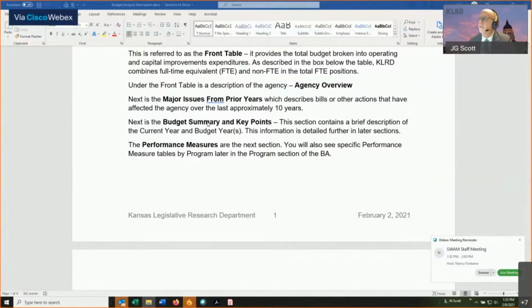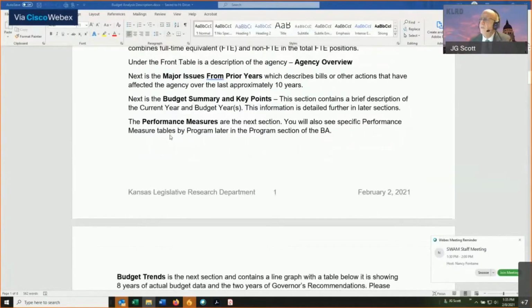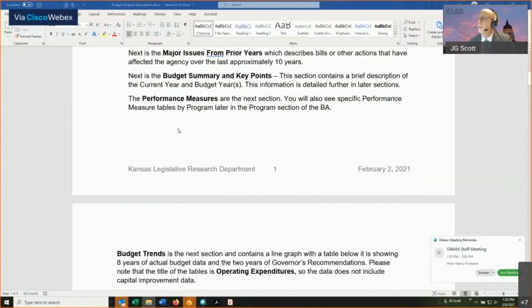And then there'll be a list of some previous years' major issues, bills that have been passed, budget amendments that have been made, salary increases, different types of information that is somewhat important to take a quick look at. We then have a summary, a budget summary. You normally just a short little paragraph that summarizes what the agency requested and what the governor recommended.